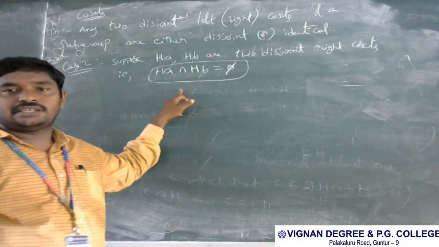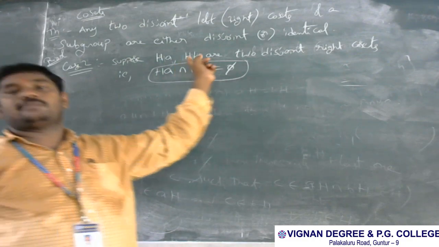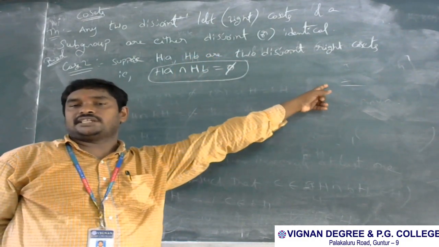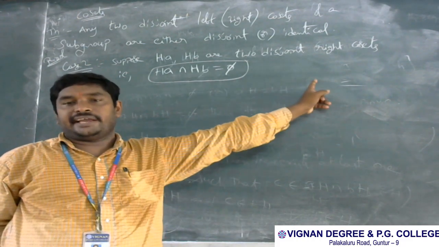Students, first observe what we have taken. Suppose Ha, Hb. Why have we taken this? Because these are right cosets. Why can you write the empty set? Because these two are disjoint.